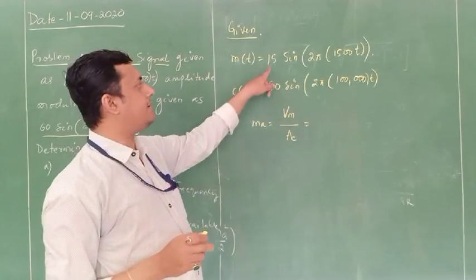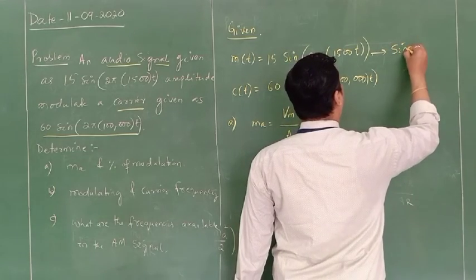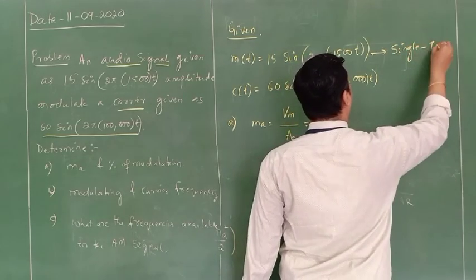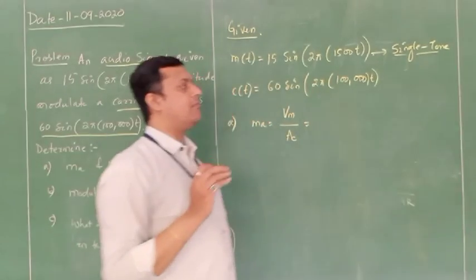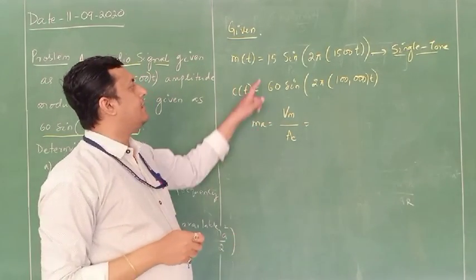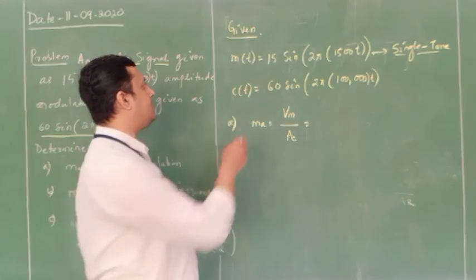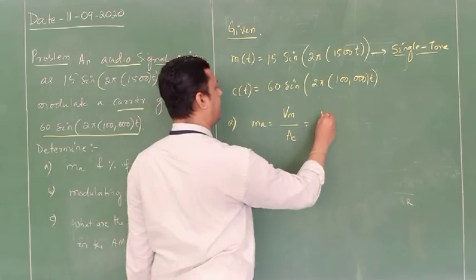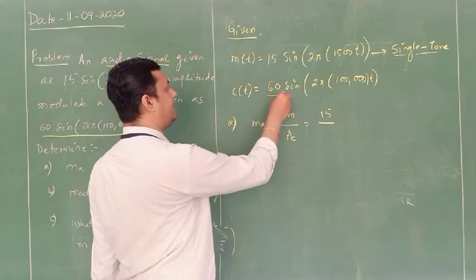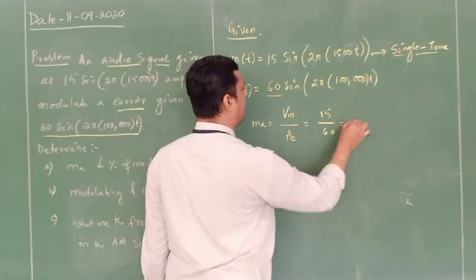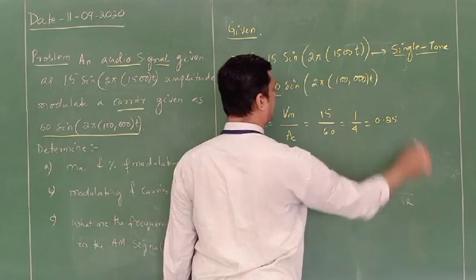That means it is called a single tone signal, because it has only one frequency component in the modulating signal. So single tone. What is the amplitude of the message component? It is 50. Then what is the amplitude of the carrier? Carrier is 60. So here I will get 5 by 6, or it is approximately 0.83.